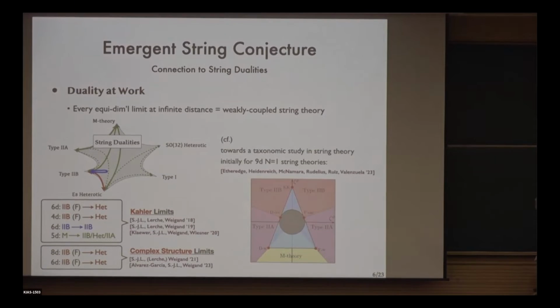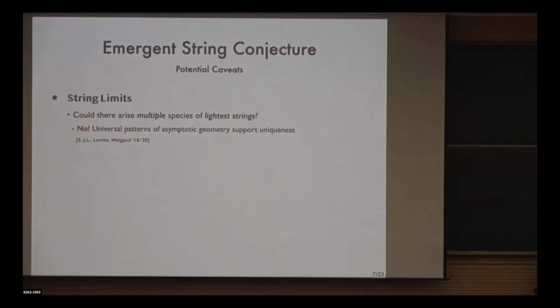There's also an interesting work aiming to undertake a taxonomic study of infinite distance limits, initially for 9-dimensional N=1 string theories. And here as well, the string dualities turn out to play a prominent role in realizing various conjectures, including the distance and the emergent string conjectures. The other point I'd like to make concerns some potential caveats of this conjecture.